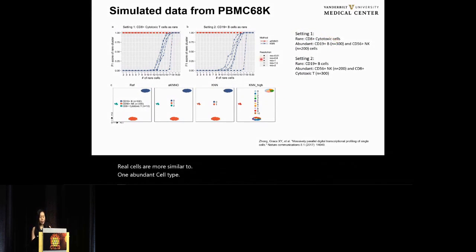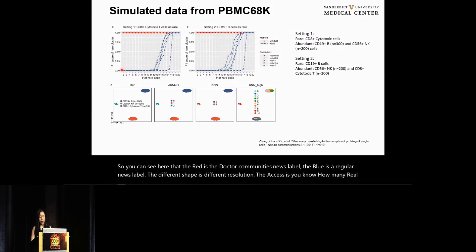So you can see here the red is the adaptive nearest neighbor. The blue is the regular k-nearest neighbor. The different shapes are different resolutions. The x-axis is how many real cells are in the setting. So we start from only 2 real cells, 2 to 20.